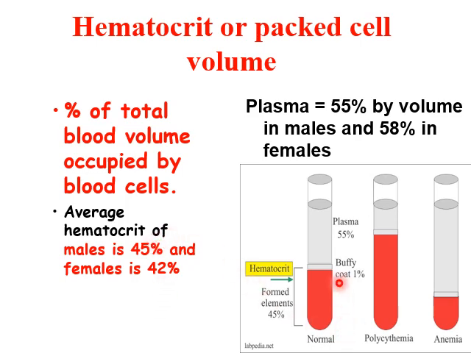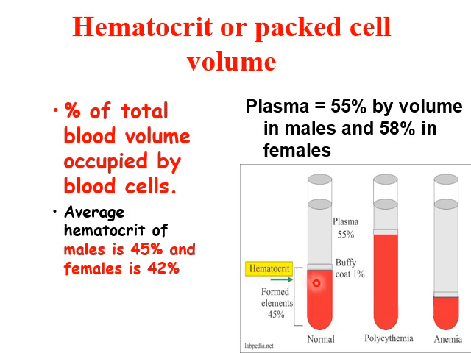When we add blood in the test tube, we add the anticoagulant, we let it stand or we put it in the centrifuge machine to speed up the process, and we see that the RBCs settle and pack at the bottom, then there is the buffy coat, which is less than 1%, and then the plasma. This cellular portion, when expressed in percentage, is known as hematocrit or the packed cell volume.